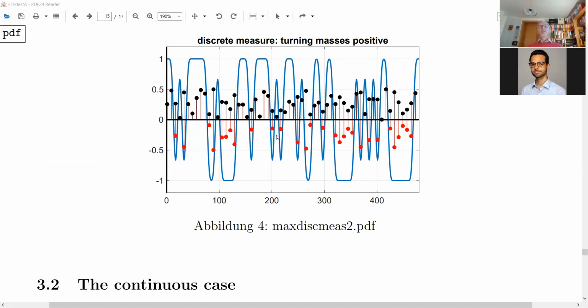So multiplying a function, or a discrete measure, or multiplying the amplitudes with some function which has the right signature at the positive and negative values is giving you maximal input. And now think of what you're getting when you're taking the sum of the values f of k with this discrete measure.